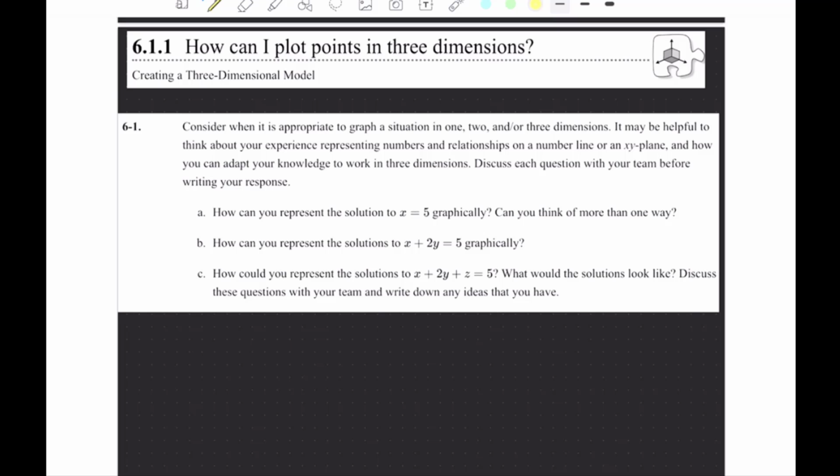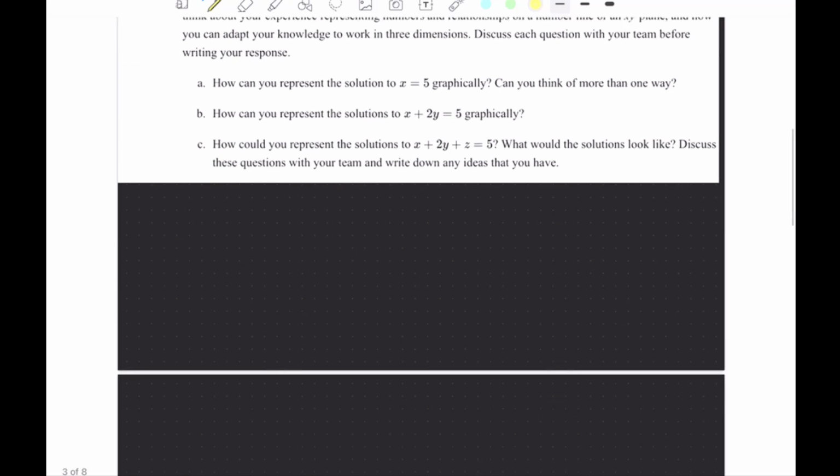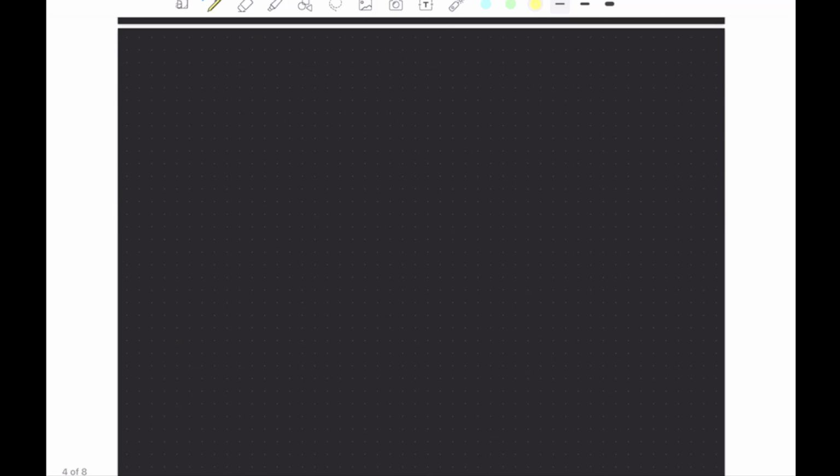All right. So for A, they want us to know how can we represent the solution x equals 5 graphically. So if we think of when x equals 5, and we've been asked to graph these before, what are some ways we can graph x equals 5?